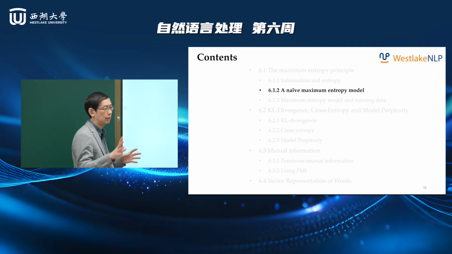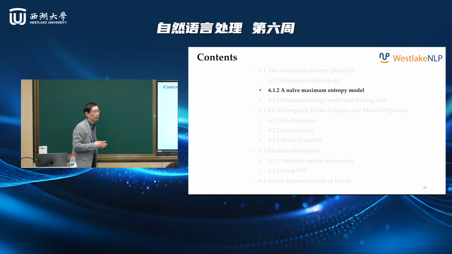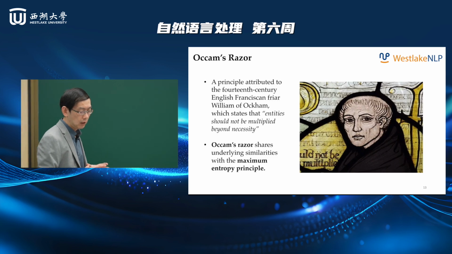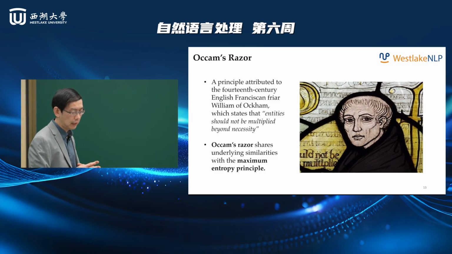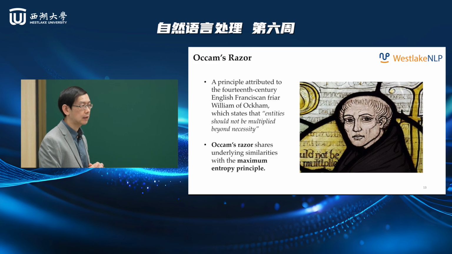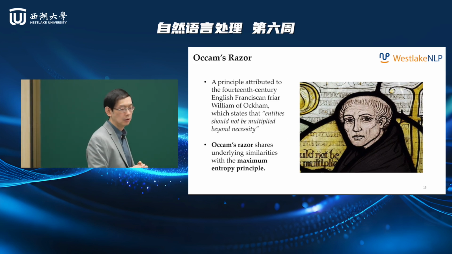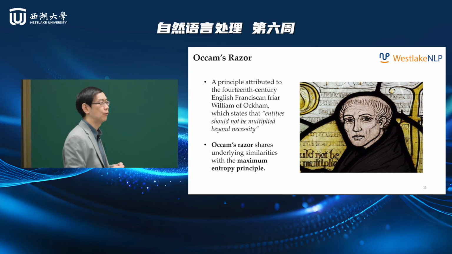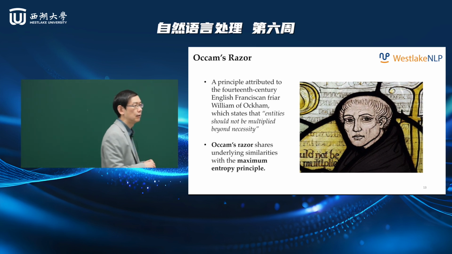So those are the second and third steps in building a model. But I just tell you a principle, which is you take the training data as knowledge and do not assume anything else than that. That's the safest. And this principle can be traced back to like the 14th century.